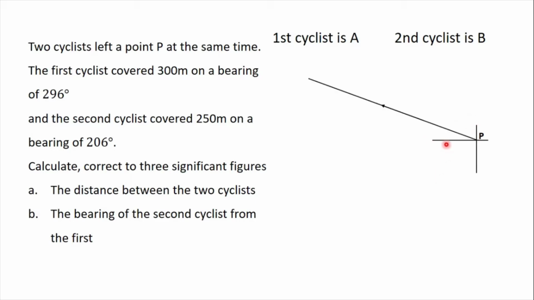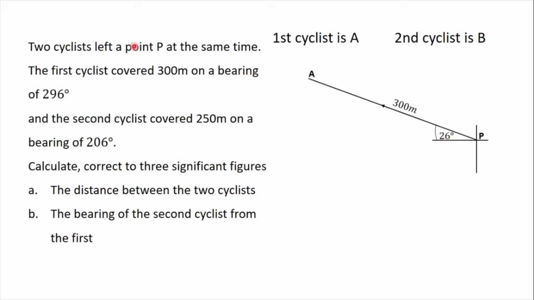So you ask yourself, what should you add to 270 degrees in order to get 296? And that will be 26. If you add 26 degrees to 270 degrees, you are going to get 296. I assume that by this time you are conversant with drawing these bearings on the diagrams because you've done a lot of them. Okay, so here is 26 degrees.